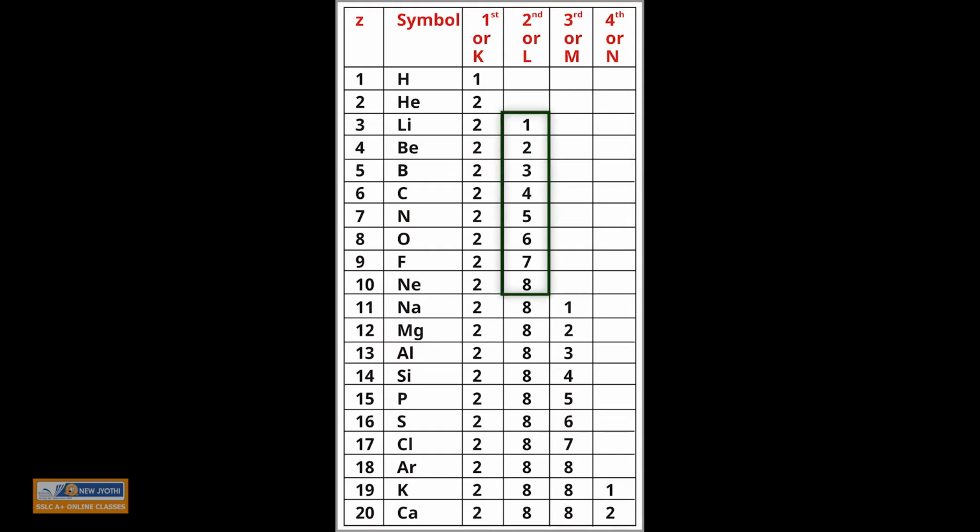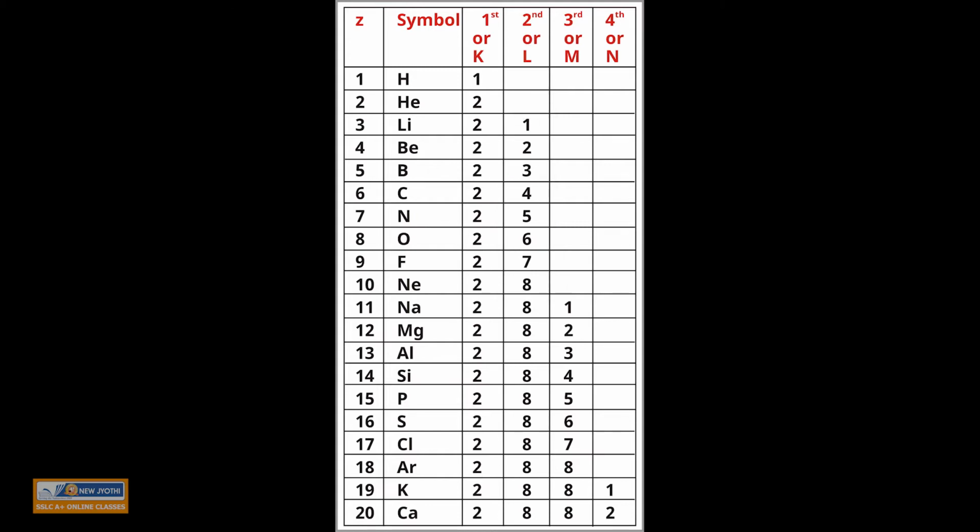The maximum capacity of the L shell is 8. So the number of electrons accommodated goes from 3 to 10. You can see that 10 is neon. It has an electronic configuration of 2,8.